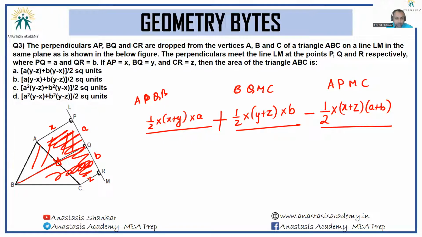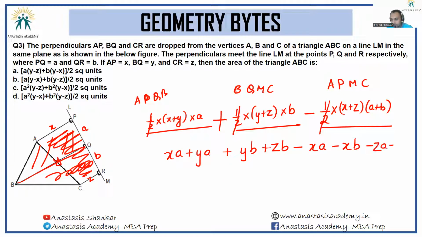Half I will take out because I'm only working with options. Half I can anyway remove, not a problem. I'm left with XA plus YA plus YB plus ZB minus XA minus XB minus ZA minus ZB.